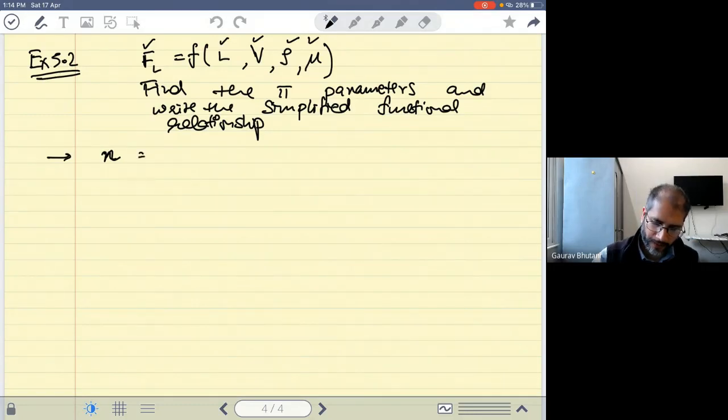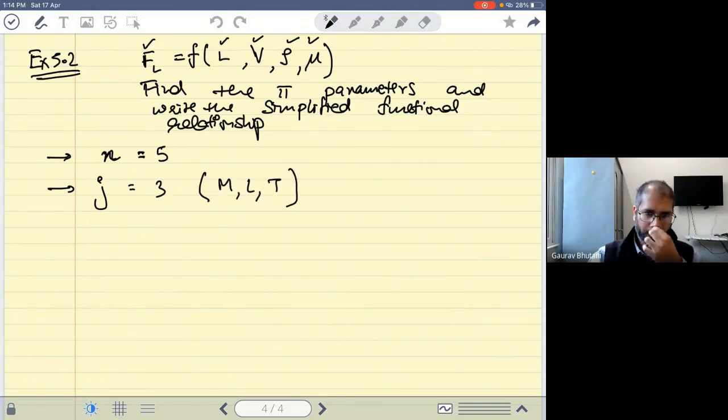So n is equal to 5. Next is to find the number of fundamental dimensions required to write these 5 variables. If you write the dimensions of all 5 variables, you will see that you require only 3 fundamental dimensions, m, l, and t. Temperature theta is not required in this case.